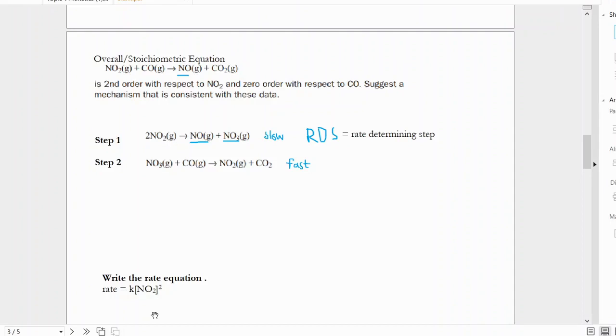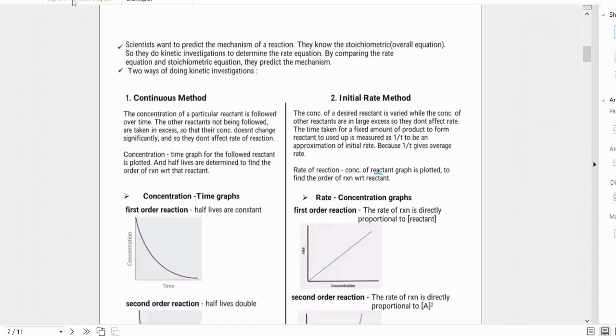It is involved rather after the RDS. So carbon monoxide is involved in this step 2. This is not the RDS because this is the first step. So the fact that we put carbon monoxide in step 2 and not in step 1 was predicted using this being compared with this. Okay.